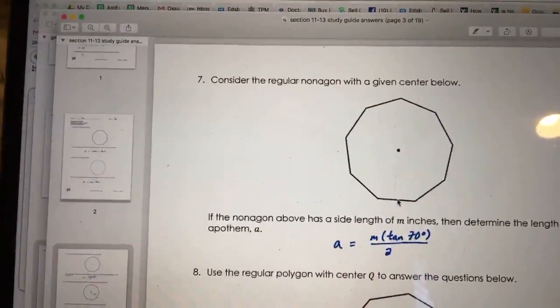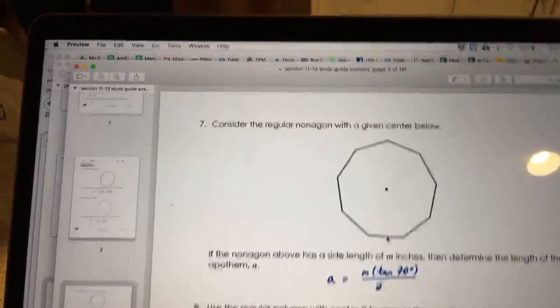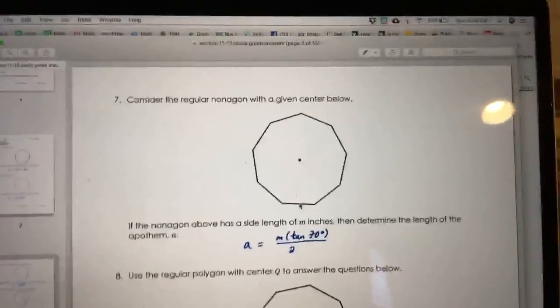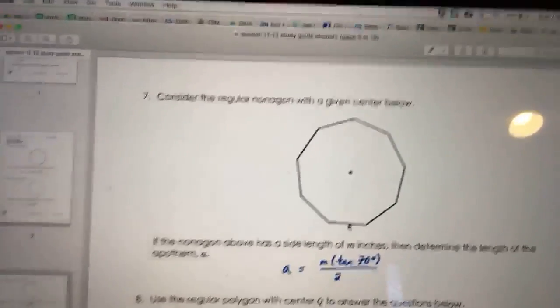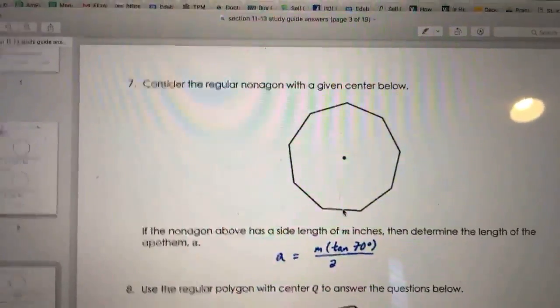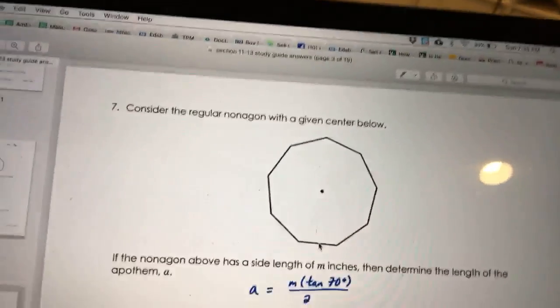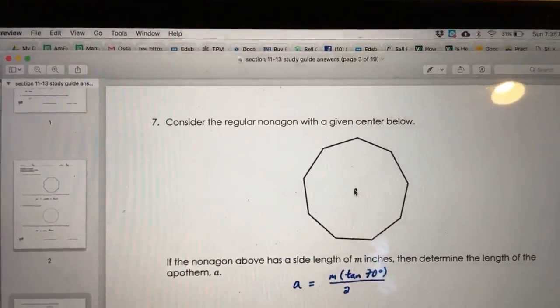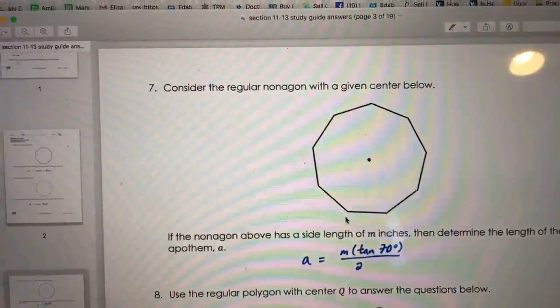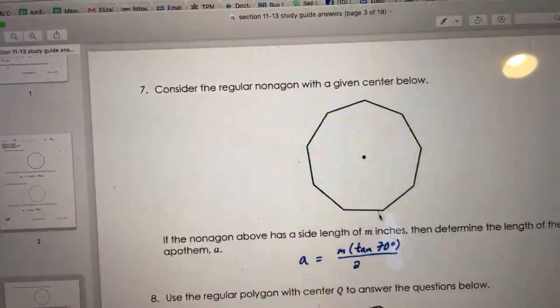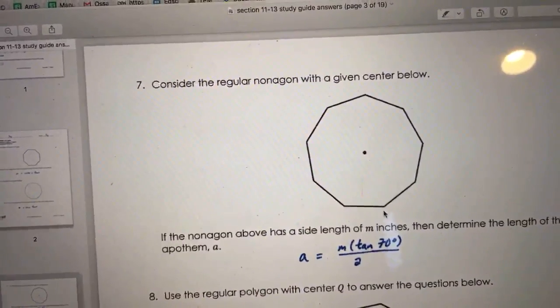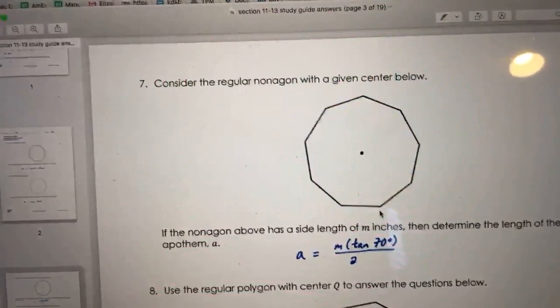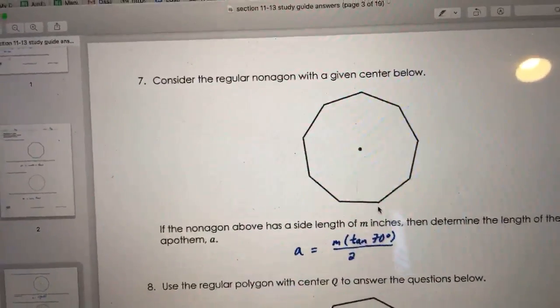Because this is a regular polygon, that's going to be perpendicular to this side. If I were to draw this segment and this segment, all right, I would have isosceles triangles, all right?